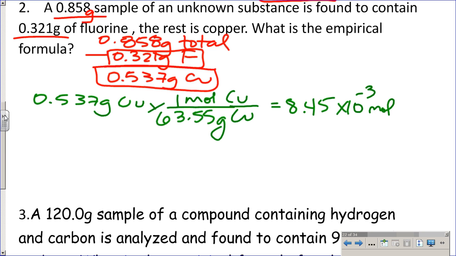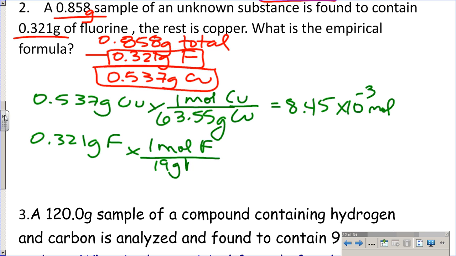Okay, so fluorine. So we got some moles of copper. For fluorine, you start with your 0.321 grams of fluorine. What's the molar mass of fluorine? 19 grams of fluorine. Okay, you just look on the periodic table for that. So 0.321 divided by 19 is 0.01689 moles of fluorine, okay?